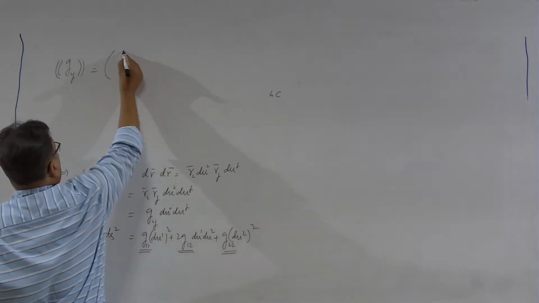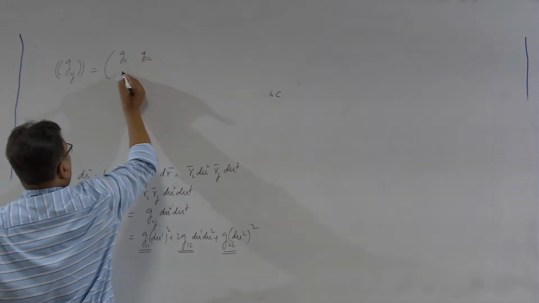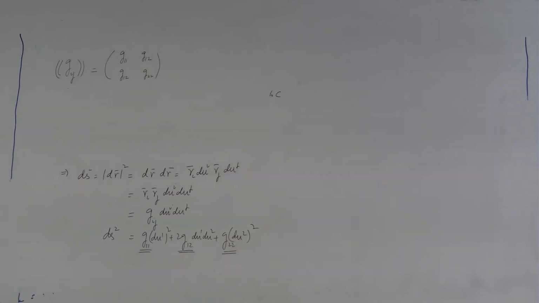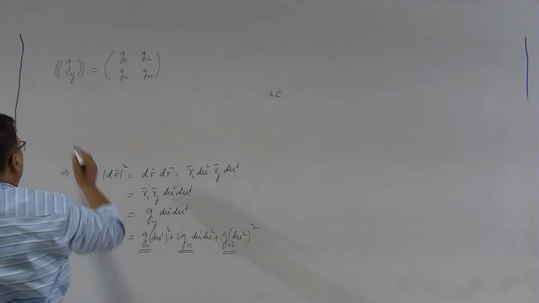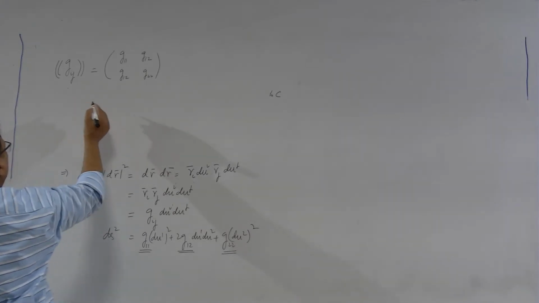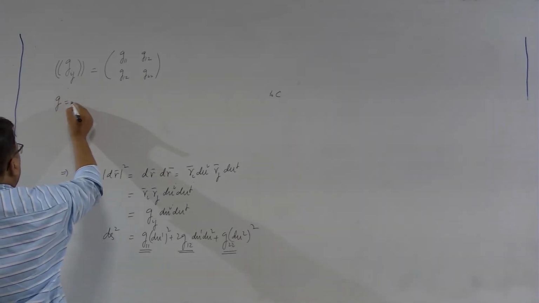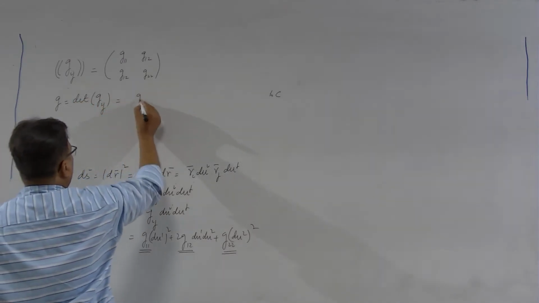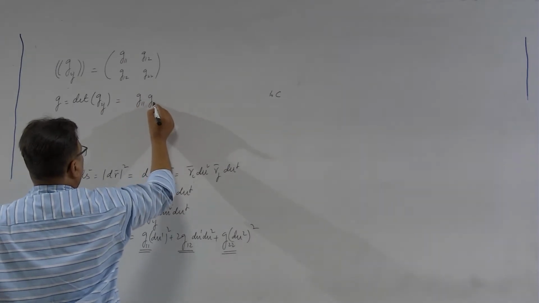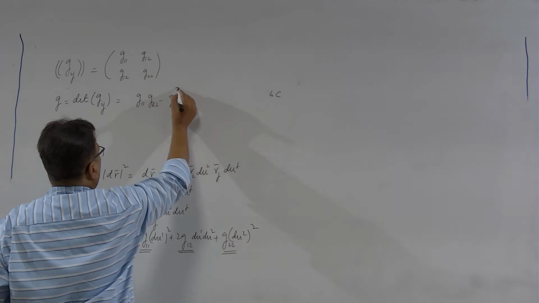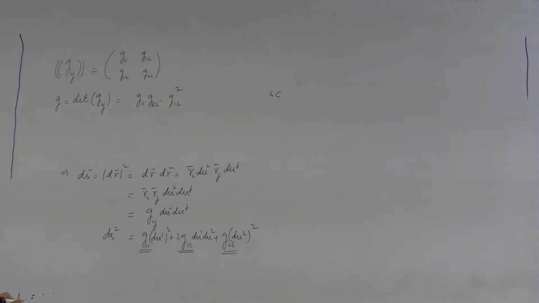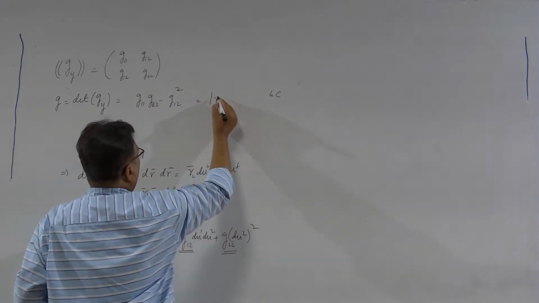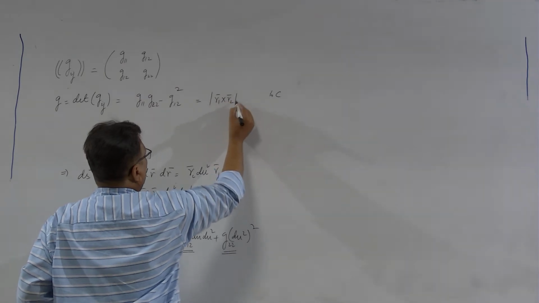It is a 2 by 2 matrix, g_11 g_12 g_21 g_22. This matrix is symmetric, and if I denote the determinant of g_ij by the symbol g, then this becomes g_11 g_22 minus g_12 square. And we worked out a relationship that this g in fact comes out to be equal to |r_1 cross r_2| square.